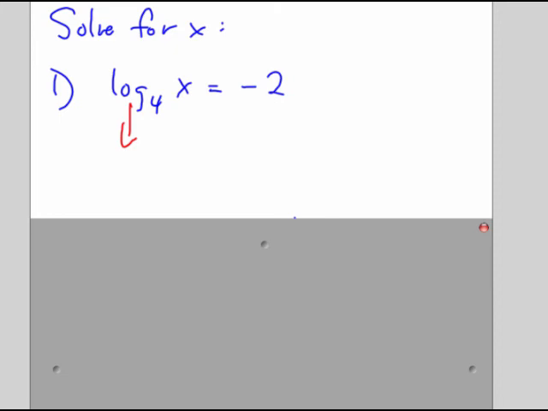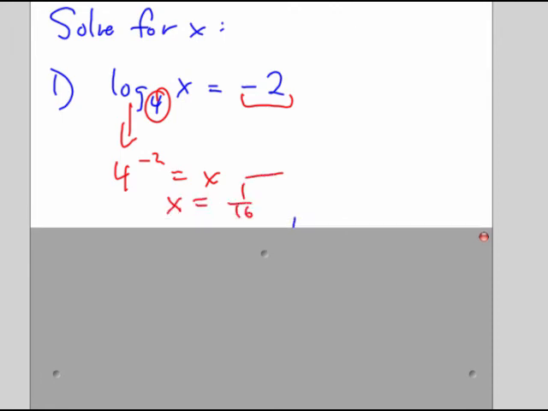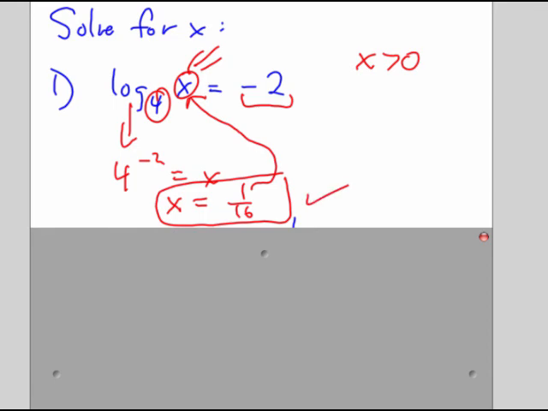So I think of my base of 4 to the exponent negative 2 is equal to x. X is isolated, so I've solved, which is 1 over 16. And now the only other thing I need to check is when I substitute this back in, I got to make sure that what I have here is a number greater than 0, because remember, that's the restriction for logs. I do, so we should be good.